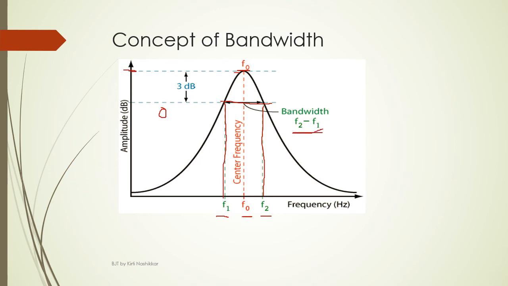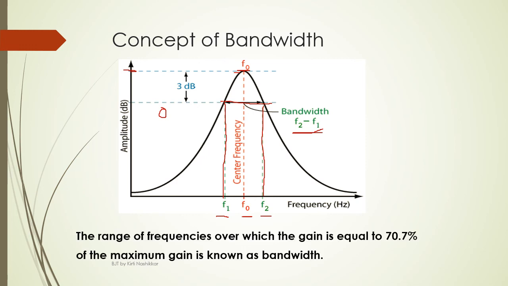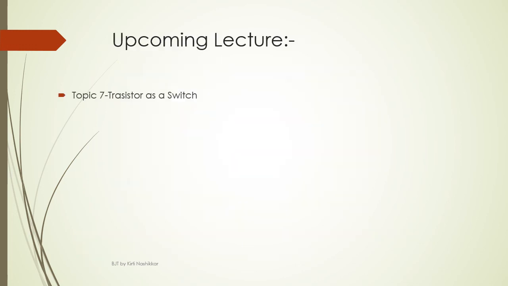So bandwidth is the difference between the upper and lower cutoff frequencies at which the amplitude falls to 0.707 of the maximum. Okay, this is the simple definition of bandwidth. The range of frequencies over which the gain is equal to 70.7% of the maximum gain is known as bandwidth. So this is all about the transistor as an amplifier and the bandwidth term.